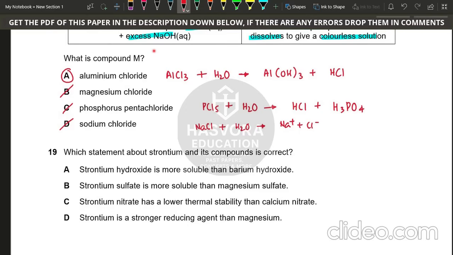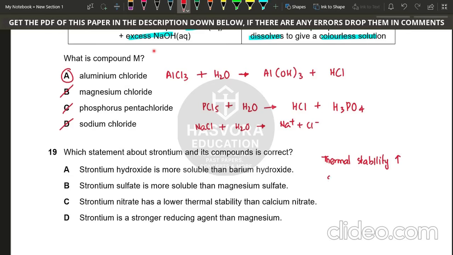Now question number 19 says which statement about strontium and its compounds is correct. So let's see. You should know that, because this is from group 2, the thermal stability increases down the group.